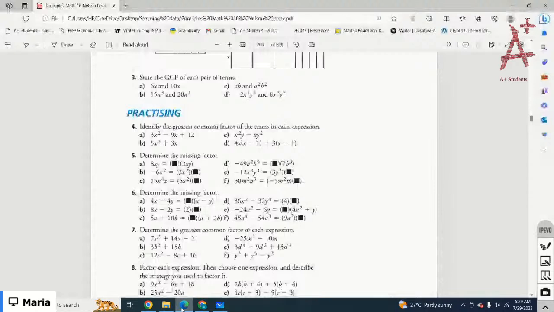Let's just look at question number 5. Determine the missing factor. So you have 8xy, and on the other side you have 2xy. You have to find a missing number. So 2 times what number is 8? You have to make 8xy.